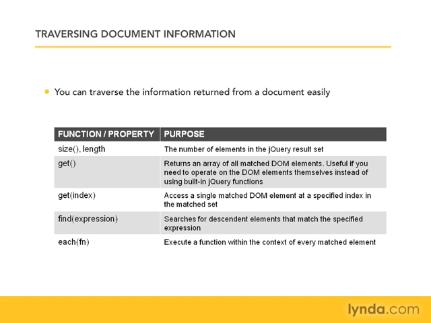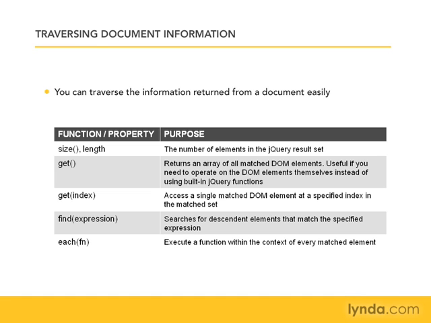So these functions are pretty useful if you need to operate on the DOM elements themselves instead of using the built-in functions that jQuery gives you. The get function returns an array of all the elements in the result set as DOM elements, or you can use the version that takes the index parameter, and that will get you a single element at that index as a DOM element.